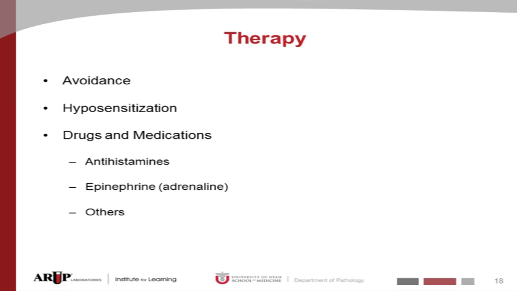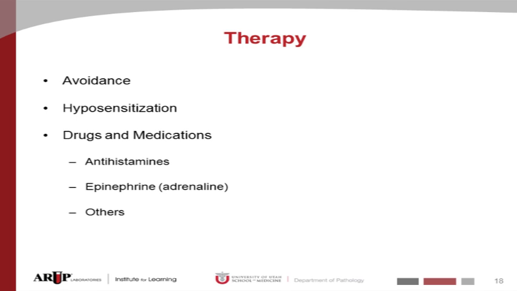Epinephrine, or adrenaline. Epinephrine is the life-saving therapy if a person has gone into anaphylactic shock. It's the EpiPen that you hear about, that some people who are really allergic to peanuts or bee stings carry around with them. It relaxes smooth muscle and it decreases capillary permeability.